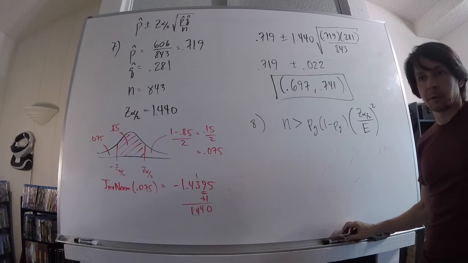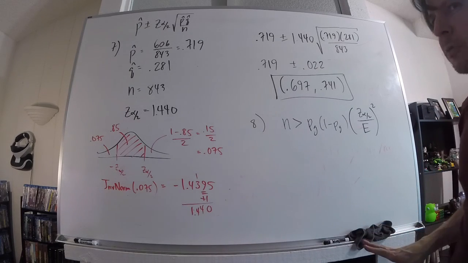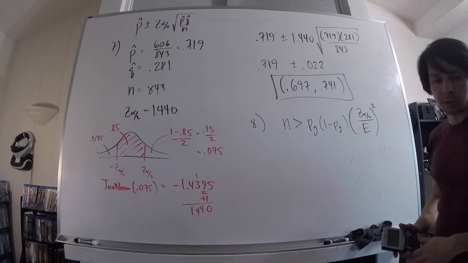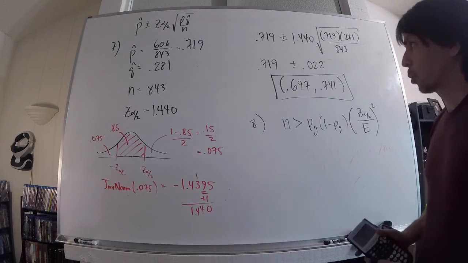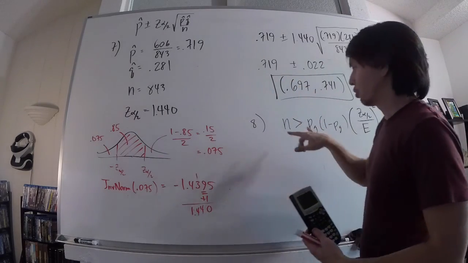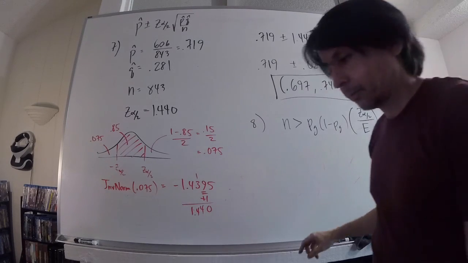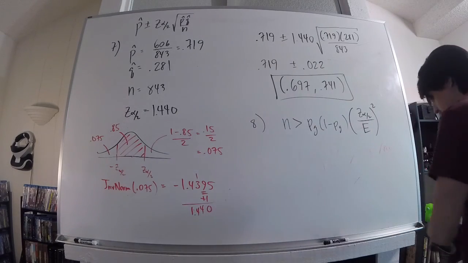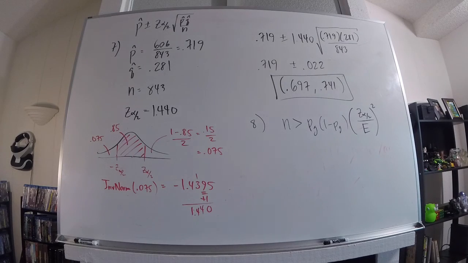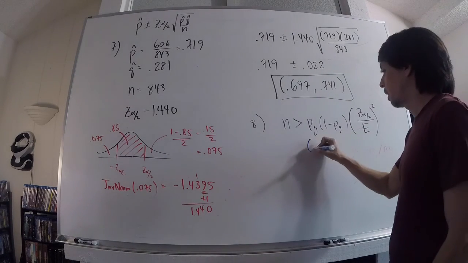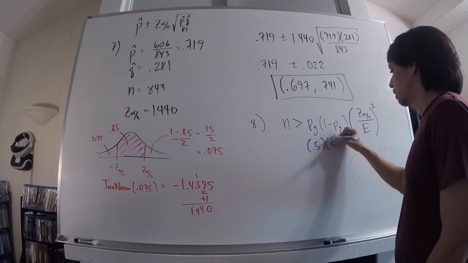We want a sampling error, margin of error, of at most 4.5%. We don't know how many people to survey, so we don't have any other information about the proportion. So we're just going to use 0.5 as always for this type of scenario.